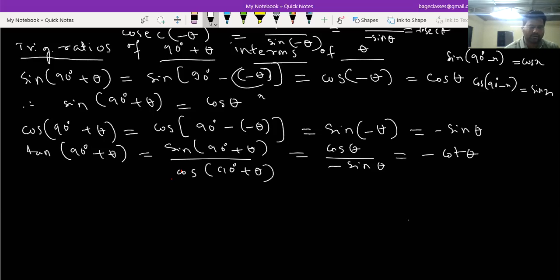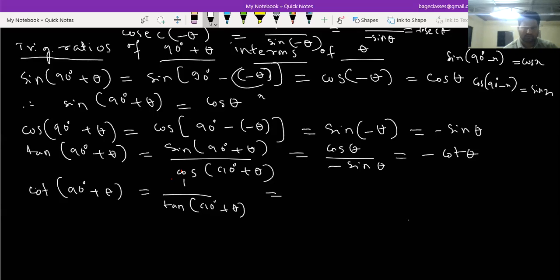Like this, we can find cot 90 plus theta. Cot is the reciprocal of tan. Cot 90 plus theta is equal to 1 by tan 90 plus theta. Tan 90 plus theta is minus cot theta. So it becomes minus 1 by cot, which is minus tan theta. Then like this, sec 90 plus theta. Sec 90 plus theta is equal to what?